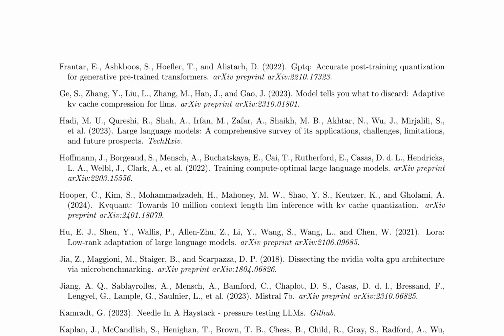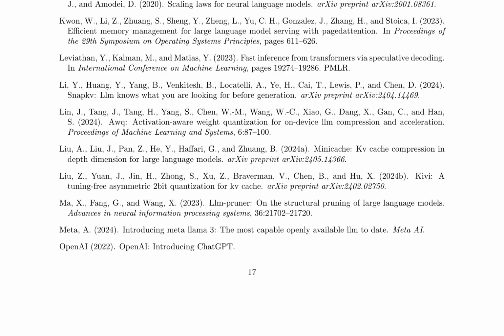The provided pages from a research paper discuss various aspects of large language models, LLMs, including their applications, challenges, and future prospects. The authors highlight the importance of efficient memory management for LLM serving, proposing a method called PagedAttention. They also introduce a technique named SnapKV, which is an activation-aware weight quantization for on-device LLM compression and acceleration.